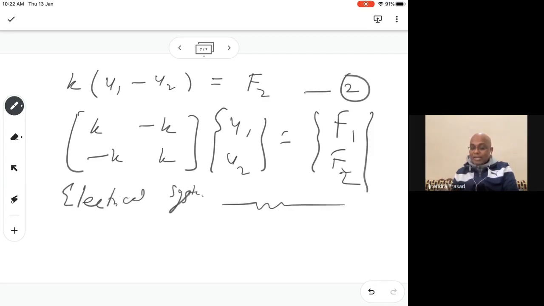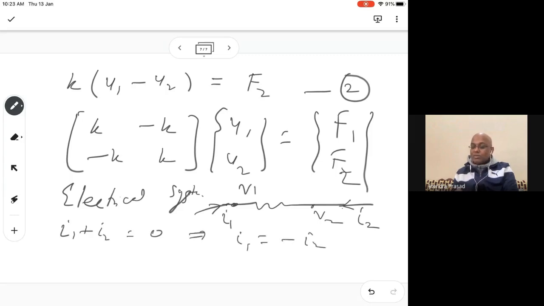What you have is like this, right? So you have a current I1, and this is a current I2, and you have V1 and V2. And what is the relation? You know that I1, whatever goes inside has to leave, and you know that I1 plus I2 equal to 0, or simply I1 equal to minus I2, right?